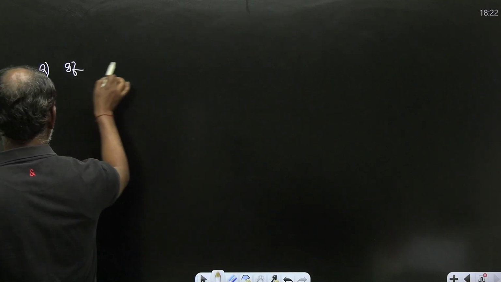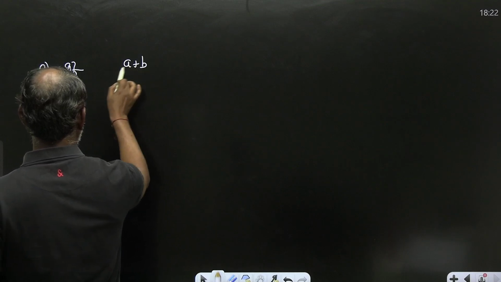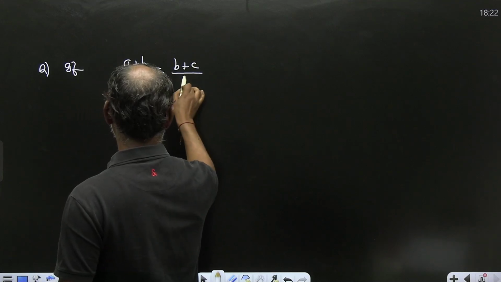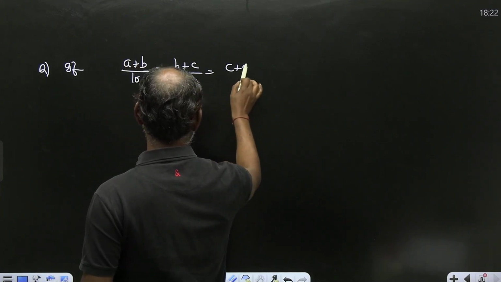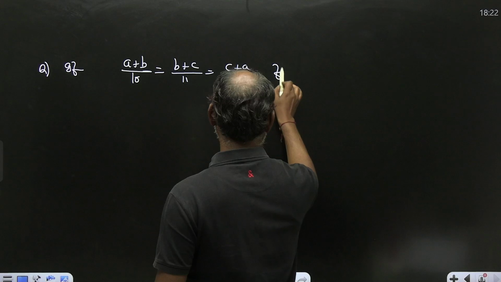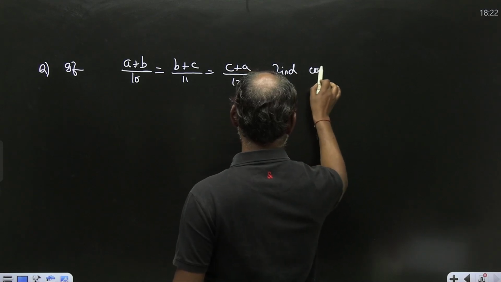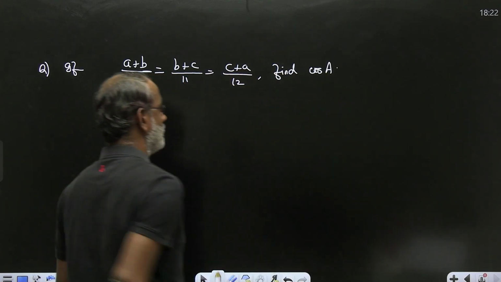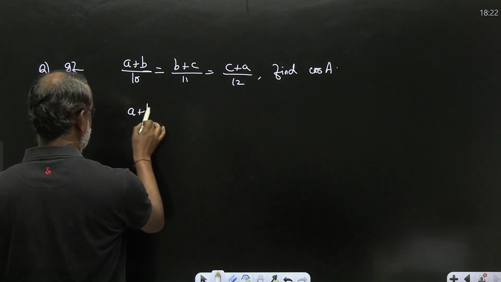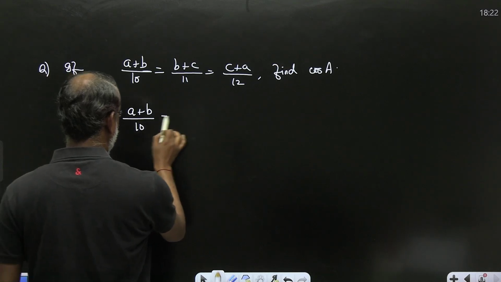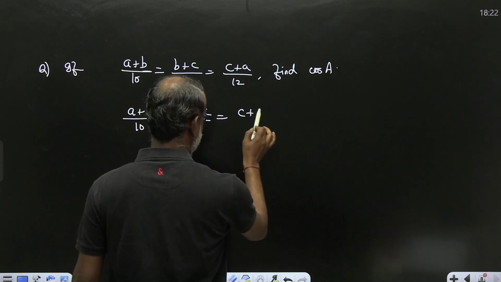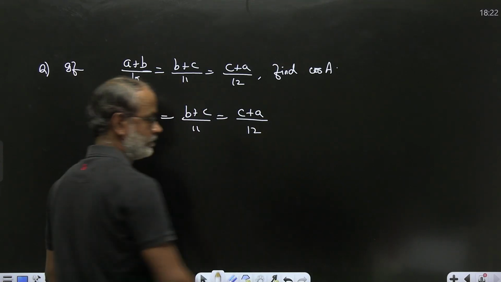Very simple question: if (a plus b) upon 10 is (b plus c) upon 11 is (c plus a) upon 12, find cos A. So (a plus b) upon 10 is, this is given.